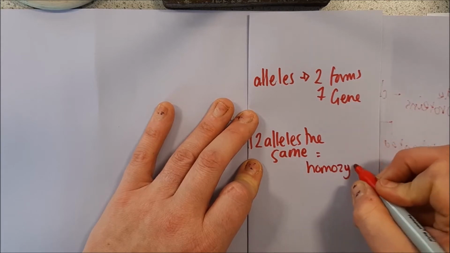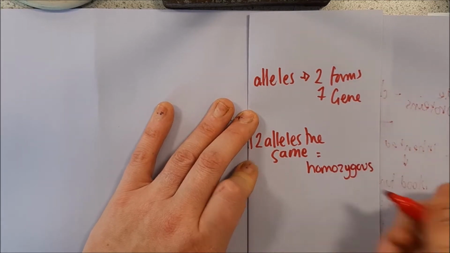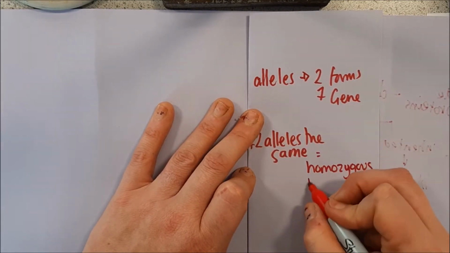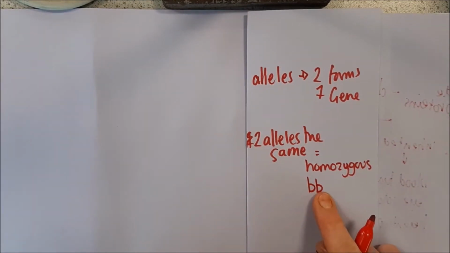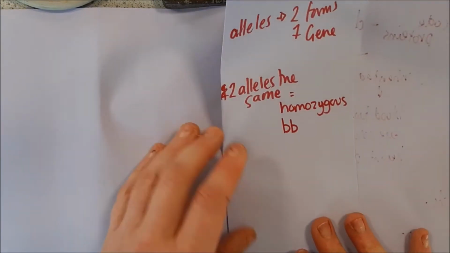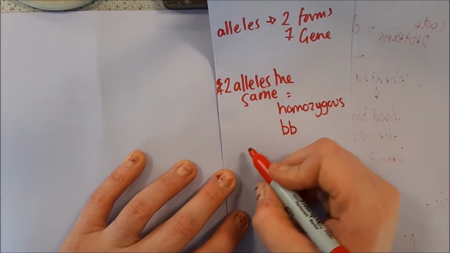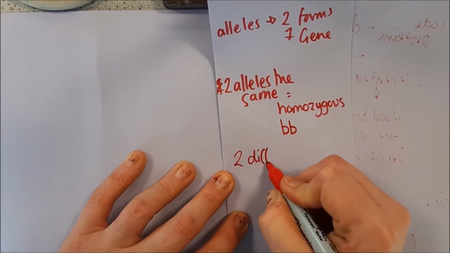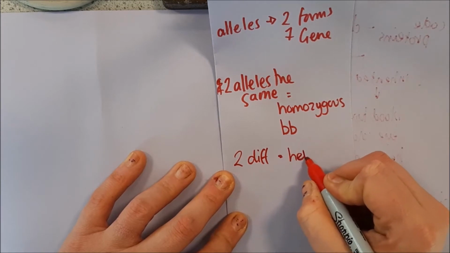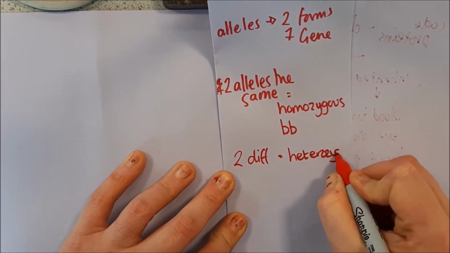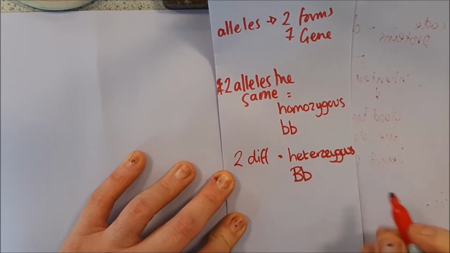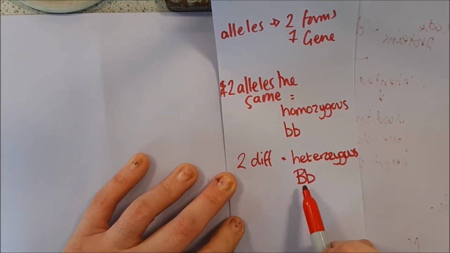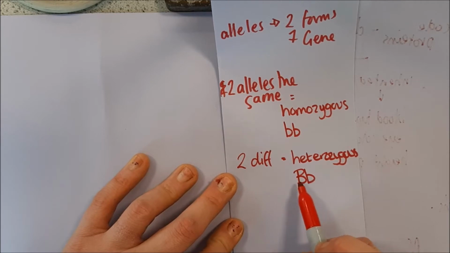Homo means the same. So for example, I've got blue eyes, so I've got little b. So I got the little blue-eyed gene from mum and little blue-eyed gene from dad, so that I am homozygous blue-eyed gene. If you have two different alleles, then we would call you heterozygous. So my husband, for example, I know is heterozygous brown eyes, so he's got a big B and a little b because they are different.